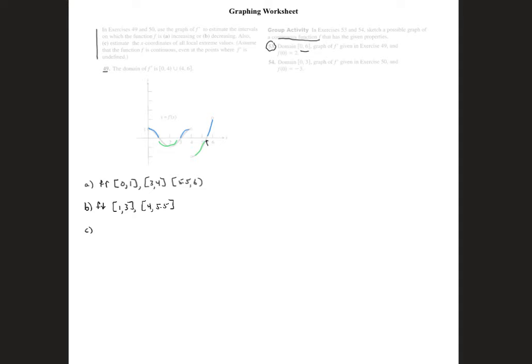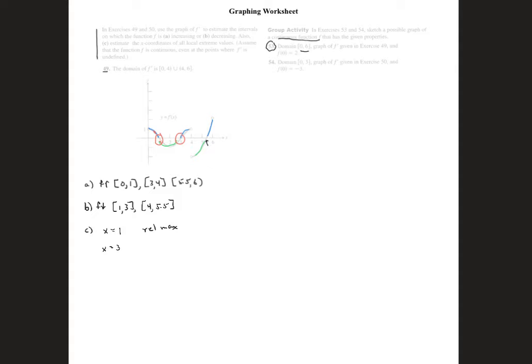And part C says, can we find the x-coordinates of the relative extrema? That's going to be where the derivative changes sign. We can see right here at 1, the derivative goes from positive to negative. So that's going to be a relative maximum. Then we see at 3 it goes from negative to positive.